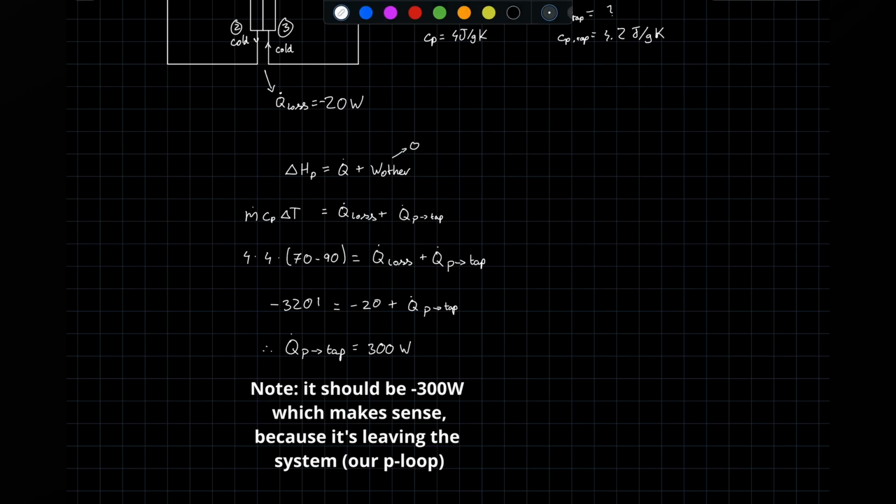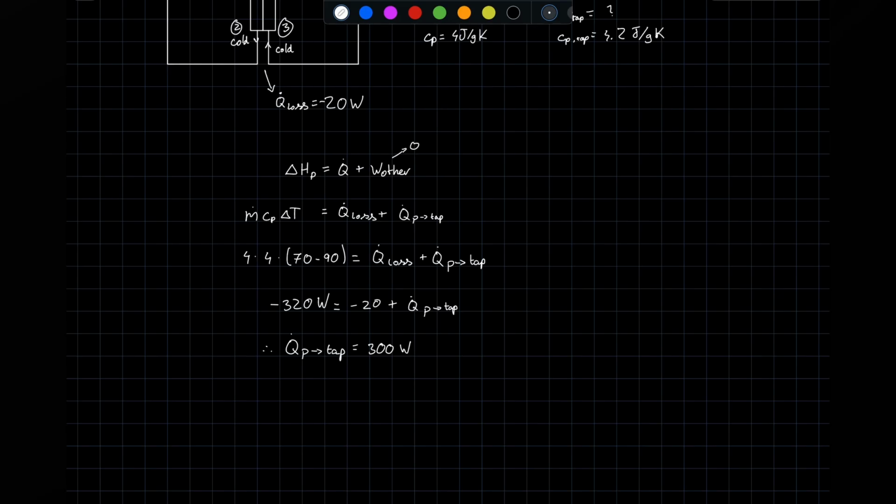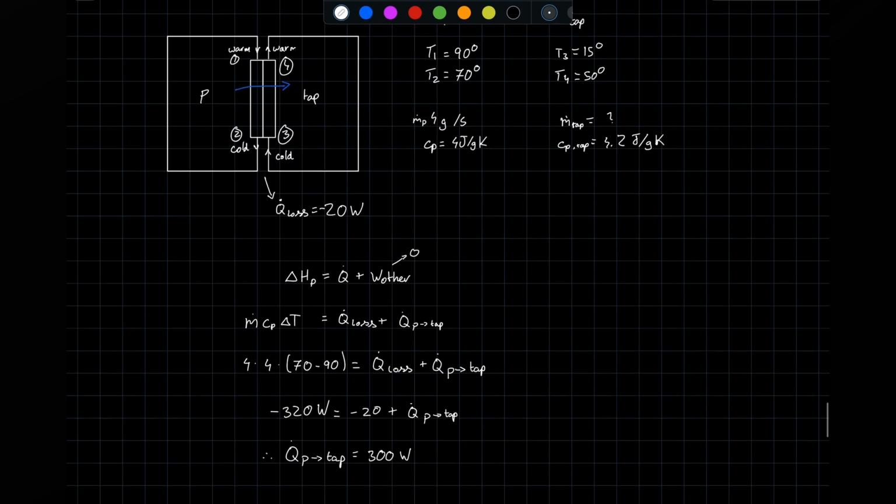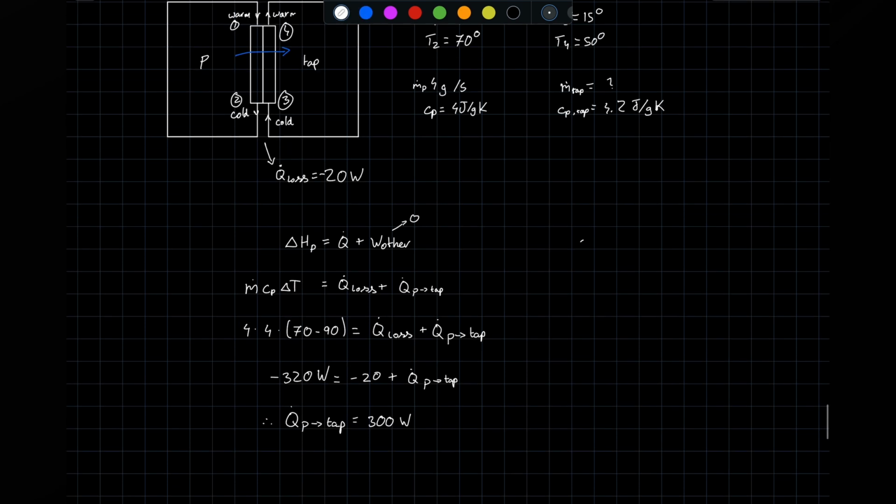So now we know how much energy has gone from this loop into that loop, which means we can do the same. So the change in enthalpy for the tap loop will be the same as the heat flow from the primary loop to the tap loop, which is 300 watts.